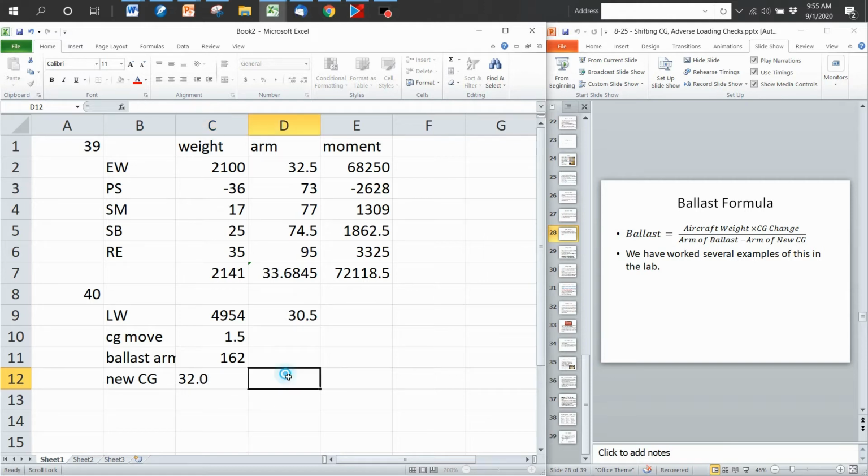And now I'm ready to get my formula. I'm just going to come over and put it in this cell over here. I don't really need that 30.5 because it needs to know the CG change. But I'm going to come over here and put equals. Now I need my aircraft weight times my CG change.